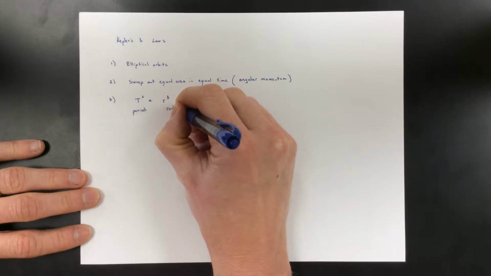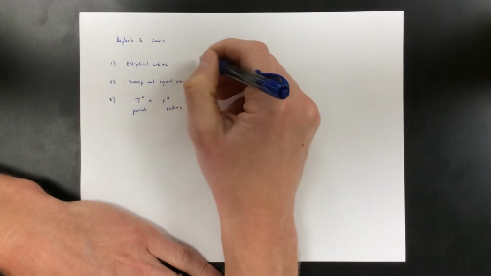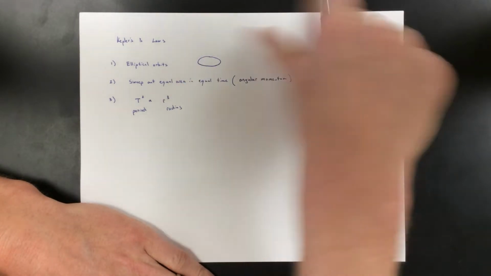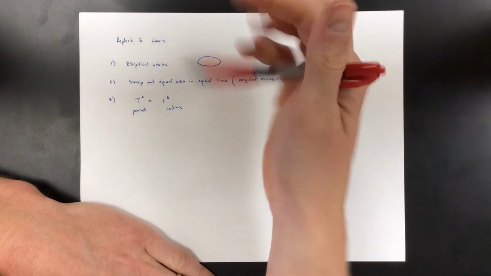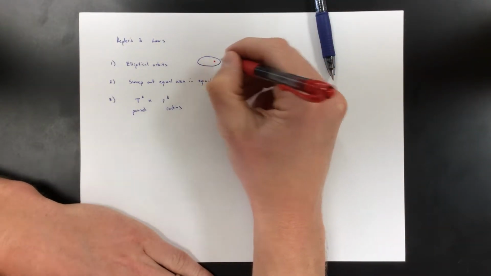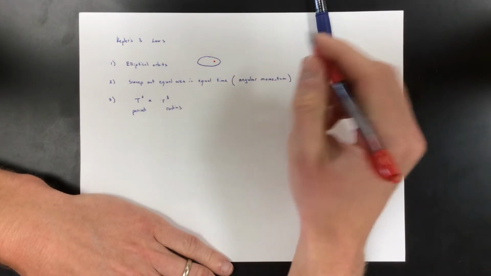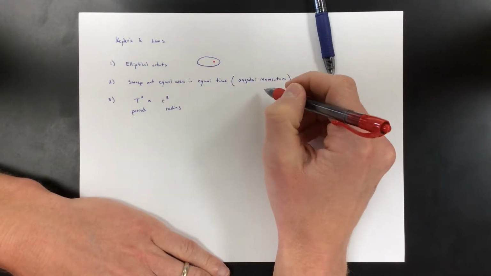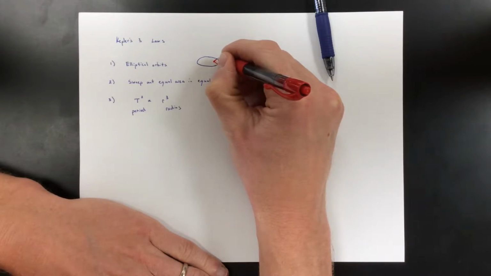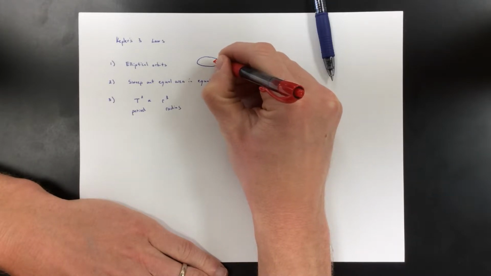Okay, let's draw a picture for this. Elliptical orbits would mean something like this. Pretend that's some planet, and this is the sun. It's actually an elliptical orbit. Sweeping out equal area in equal time means that if we take 1 week, and it goes from here to here in a week, that is a certain area.